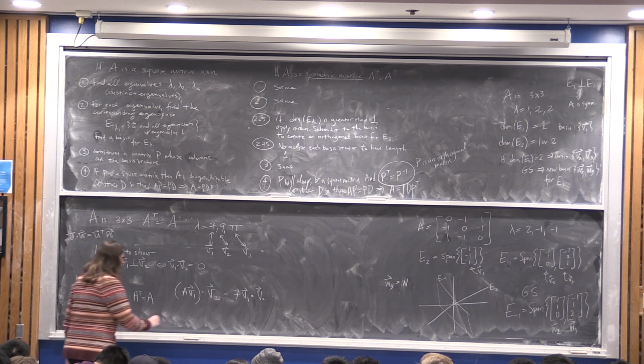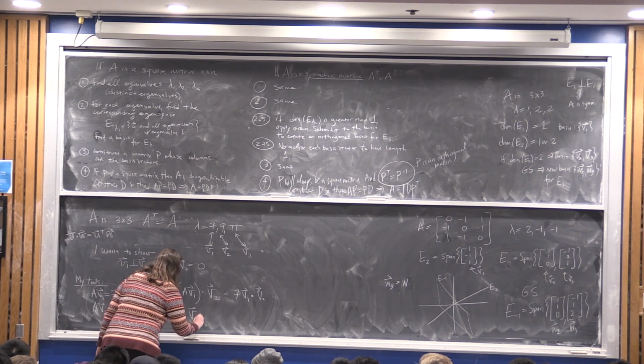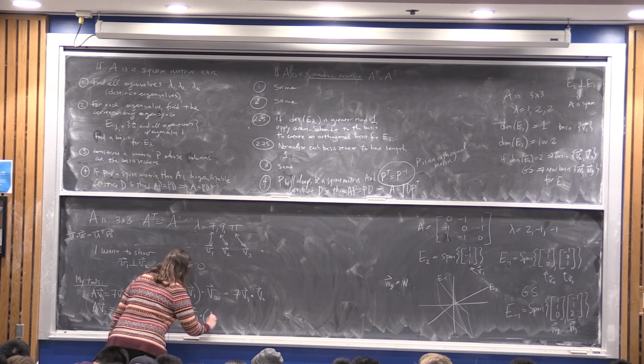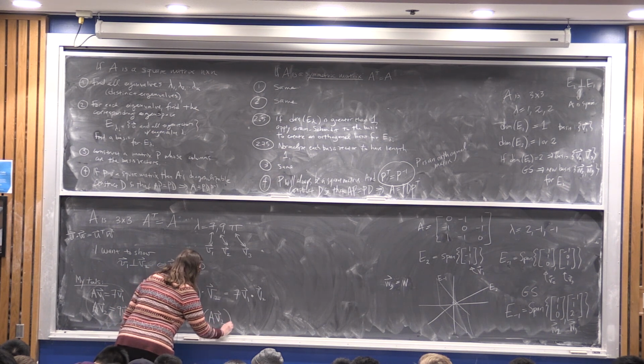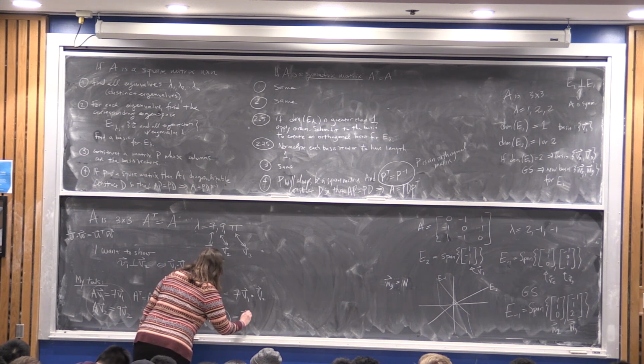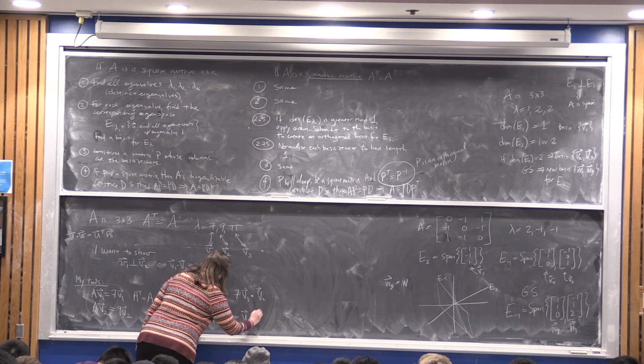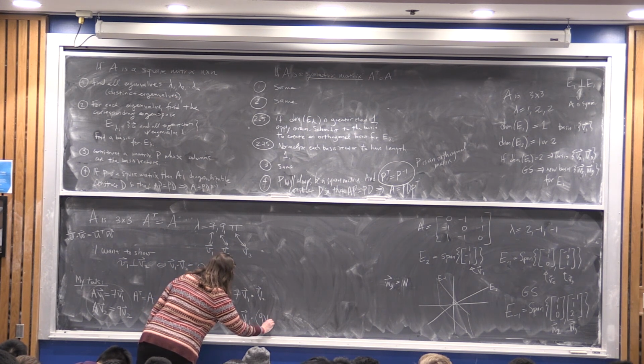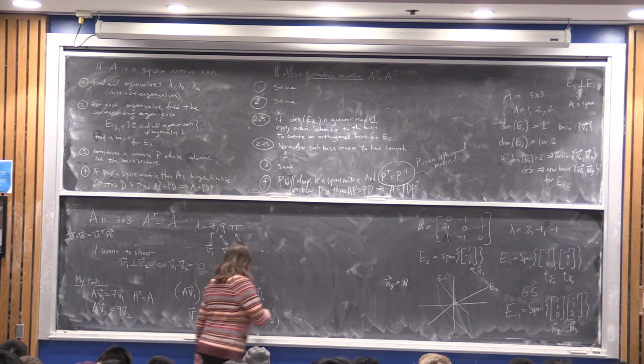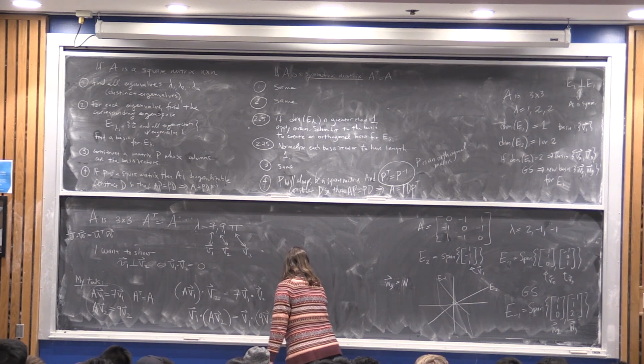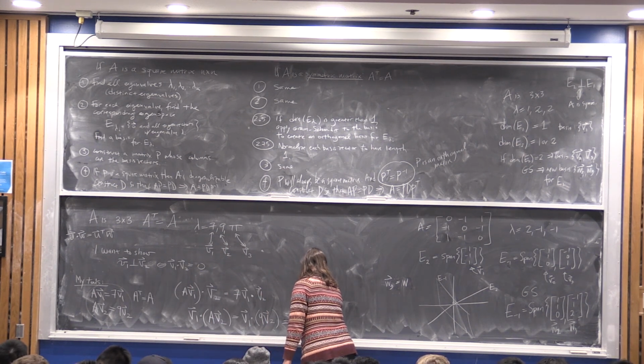And similarly, I know that V1 dot producted with AV2 is going to equal V1 dot product 9V2. So that's 9 V1 dot product V2.